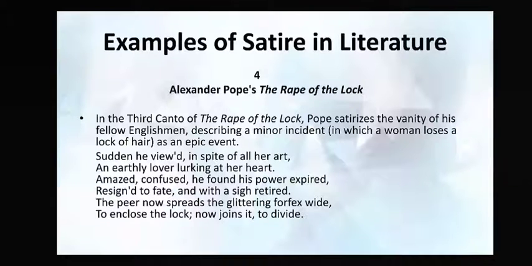The incident is the minor theft of a single curl, a lock of hair. Then the repetition of forever, forever in the final line also heightens the humor in the situation. And obviously, the hair will grow back in a short amount of time. But these lines are gentle jabs at his peers' fixation on appearances. So this becomes a very rich example of satire.